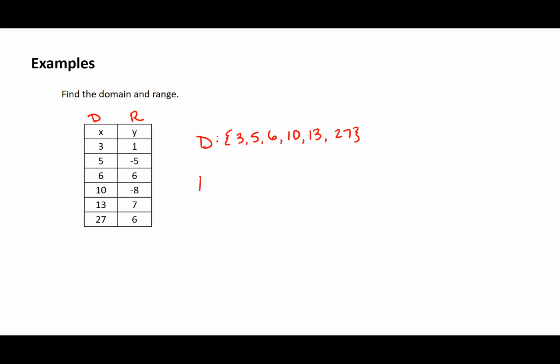And then our range, these are a little harder to list in numerical order because they're not already there. So the smallest one is -8, and -5, 1, 6, and we don't list the duplicates. 6 is there, so I don't need to list it again. And then 7. That would be the domain and range when you're giving a table.